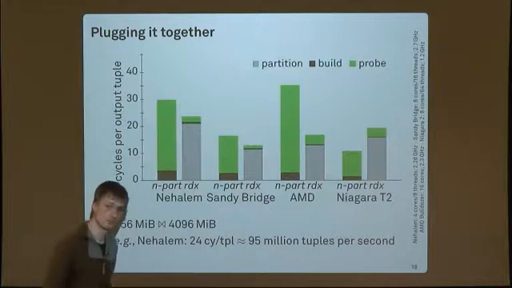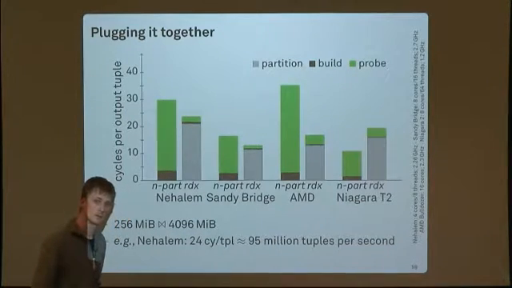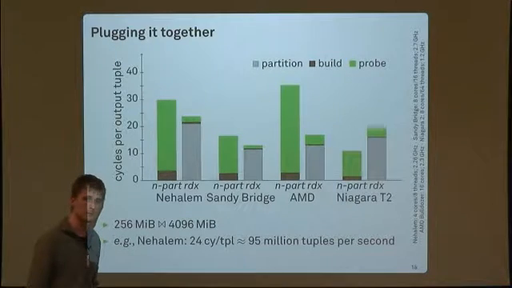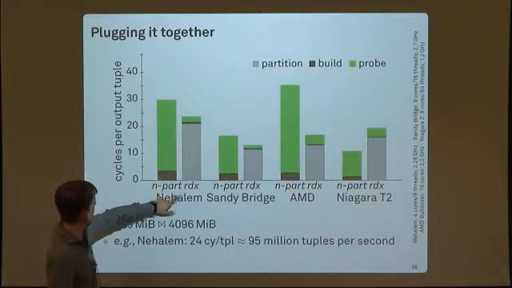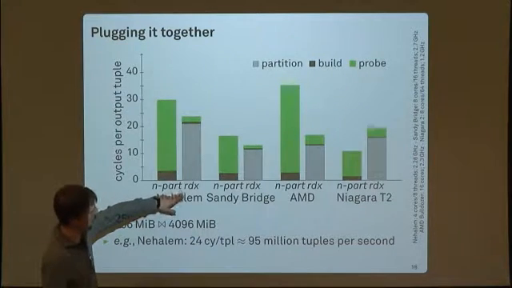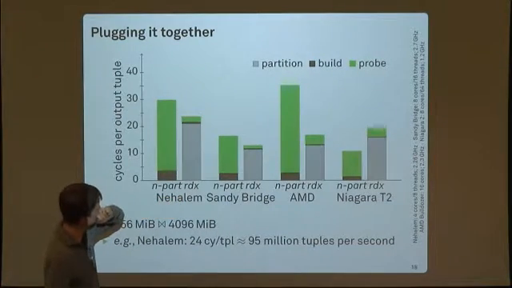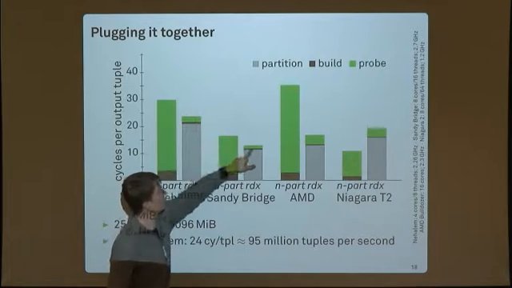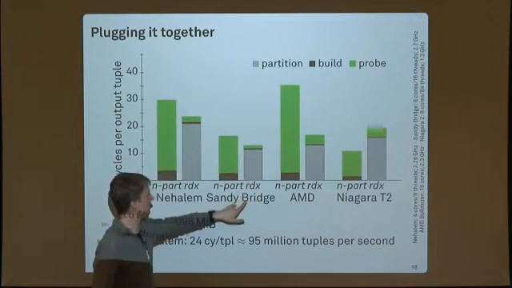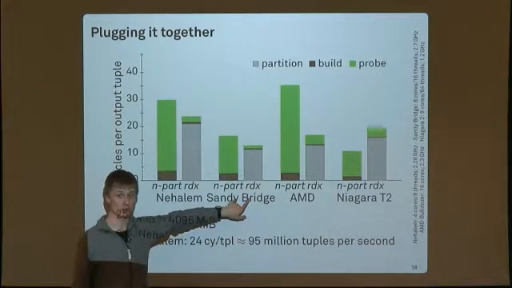Do you have another chart which shows the LLC cache? I mean, the last-level cache size for each. I was wondering if there is a correlation between cache size and these results. I can't really remember the numbers between Nehalem and Sandy Bridge, so I'm just wondering if there's a correlation between cache size, this algorithm, and these results. Well, this difference here comes from the Sandy Bridge having many more cores.